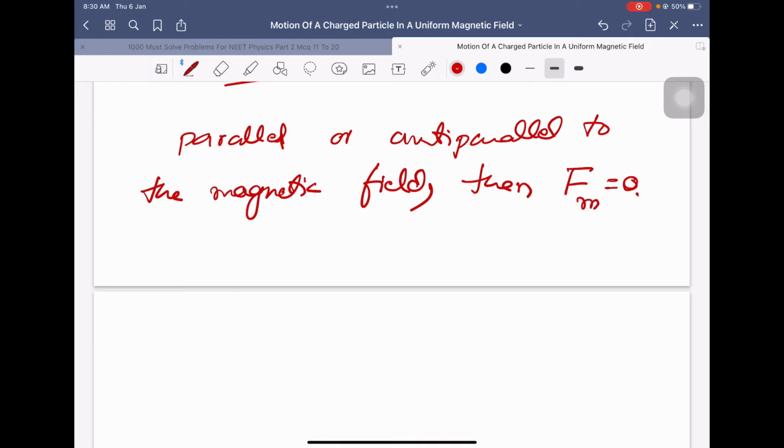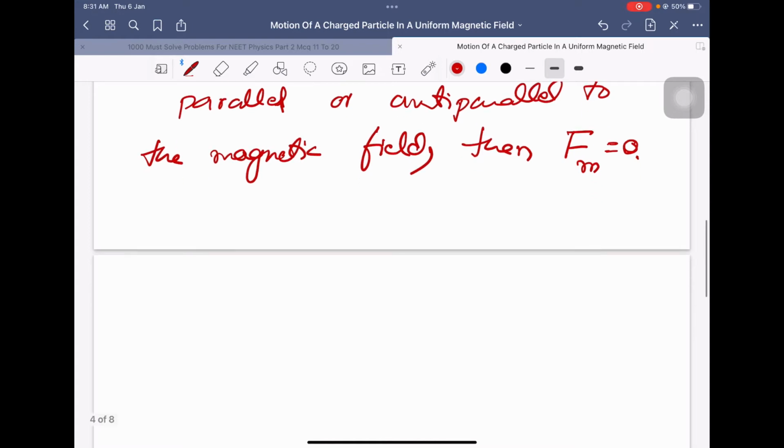That means it moves as if nothing is there. Even though the charged particle is producing a magnetic field and is moving in a uniform magnetic field, it still moves as if nothing has happened, as if there is no magnetic field. This is very strange.